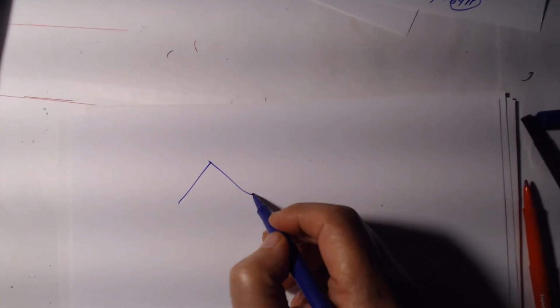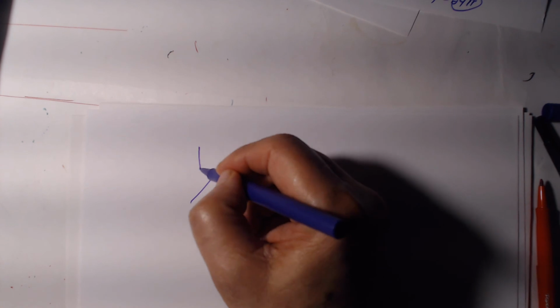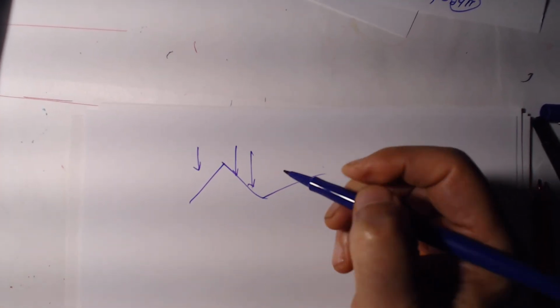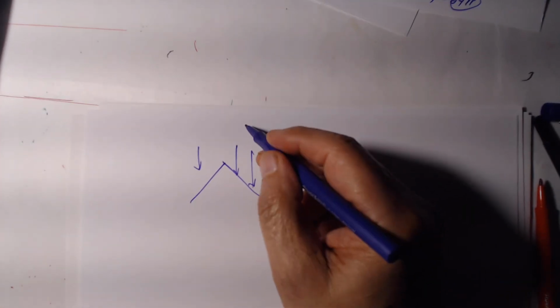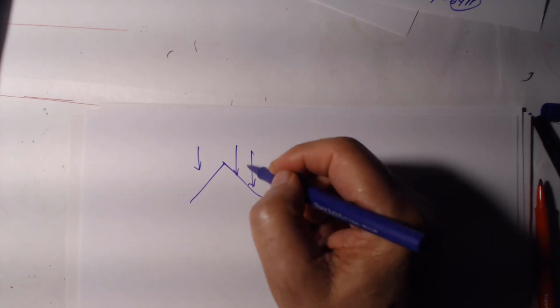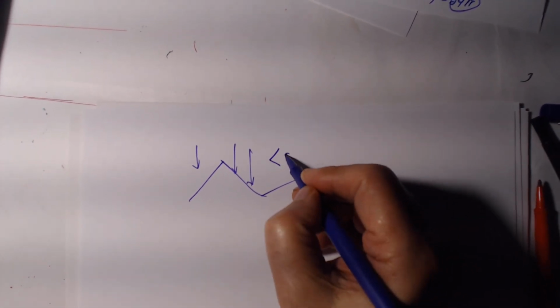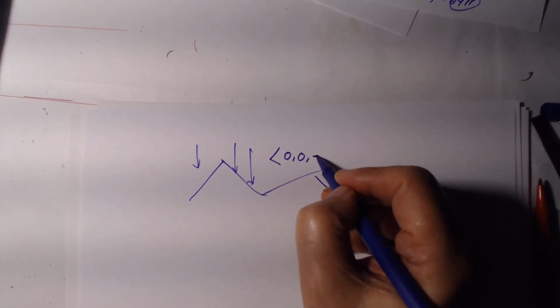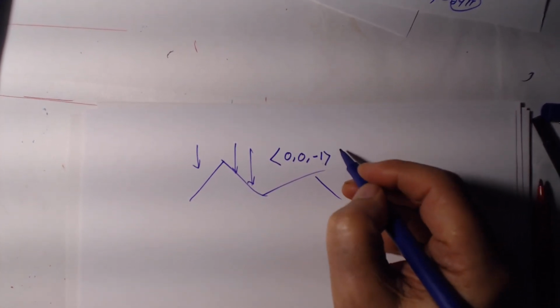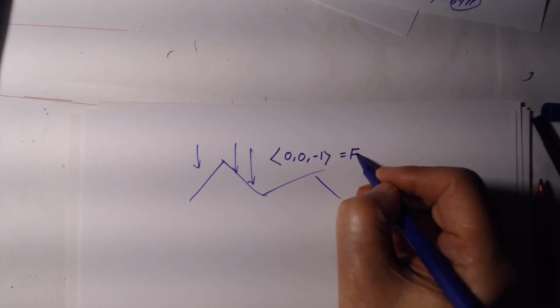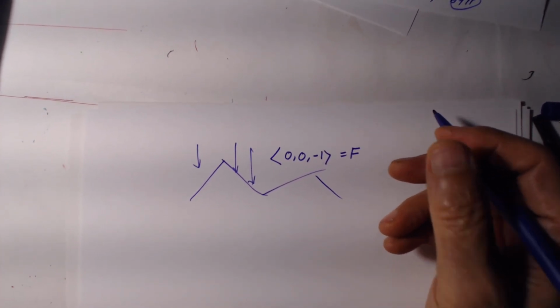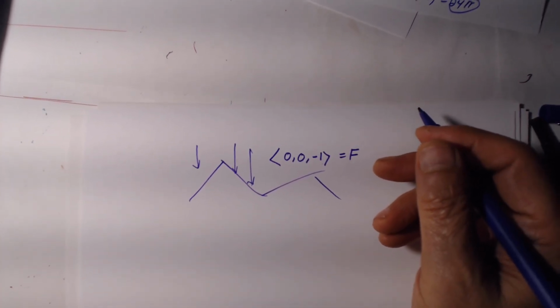Let's consider it is raining on your house. The rain is coming down exactly in the direction of z, not slanted. The x component is 0, the y component is 0, the z is -1, and this is nothing except your force field, that's a vector field.